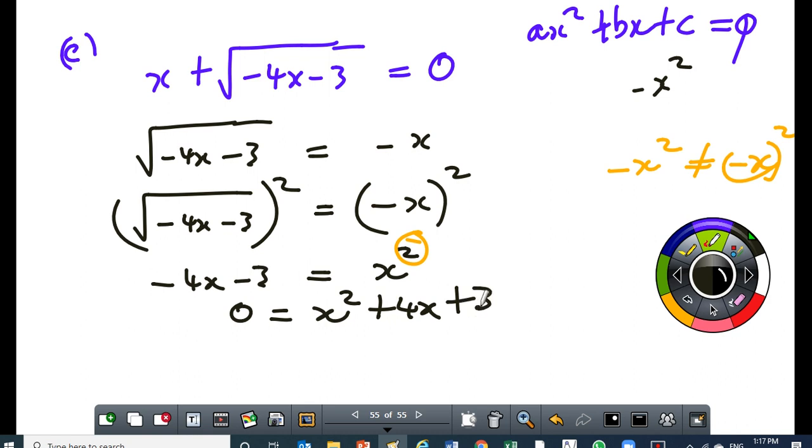Once you get that quadratic equation, I need you to be aware that this is a grade 9 quadratic equation. So I can take that trinomial to the left.